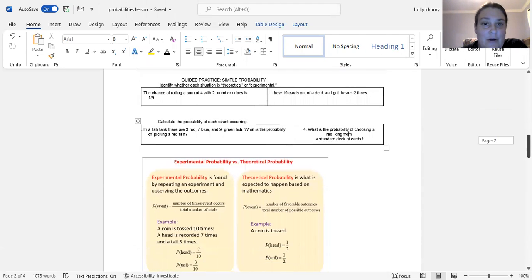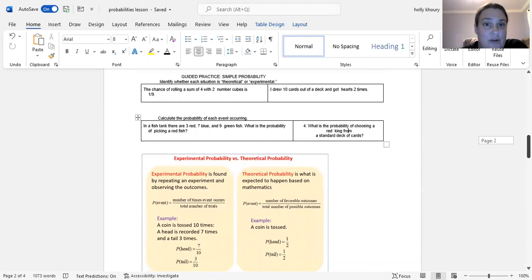Well, let's look at our handy anchor chart and let's read the definitions for each. Experimental probability is found by repeating an experiment and observing the outcomes. So does this first one that I read sound like that one, or does it sound like theoretical probability, which is what is expected to happen based on mathematics?